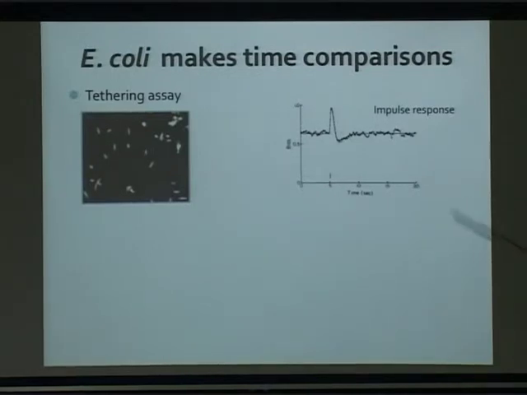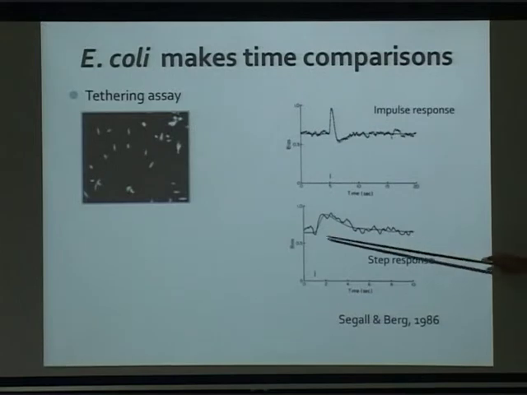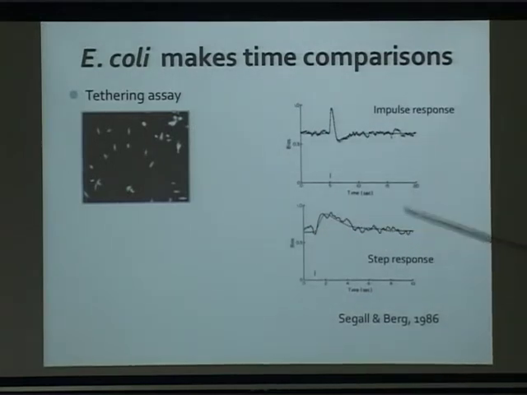The response to a step should be the integral over time of many of these responses, one after the other. And then you do the experiment, and you measure the step response, which is this wiggly curve, and you compare it with the response obtained by the convolution of this single impulse response.